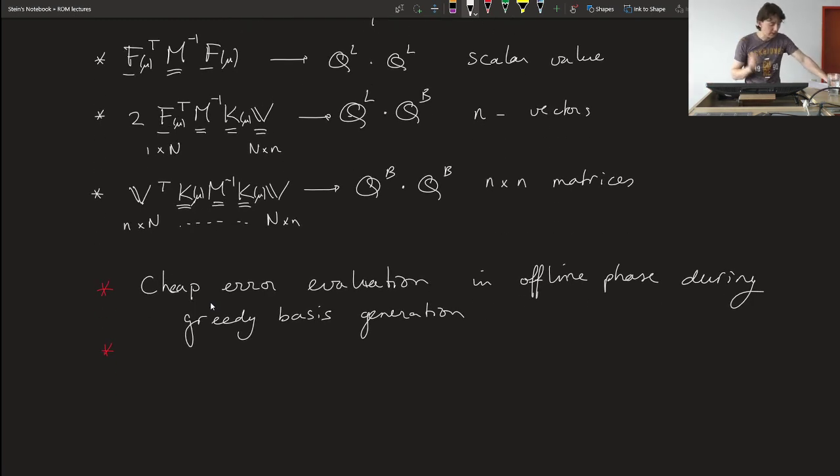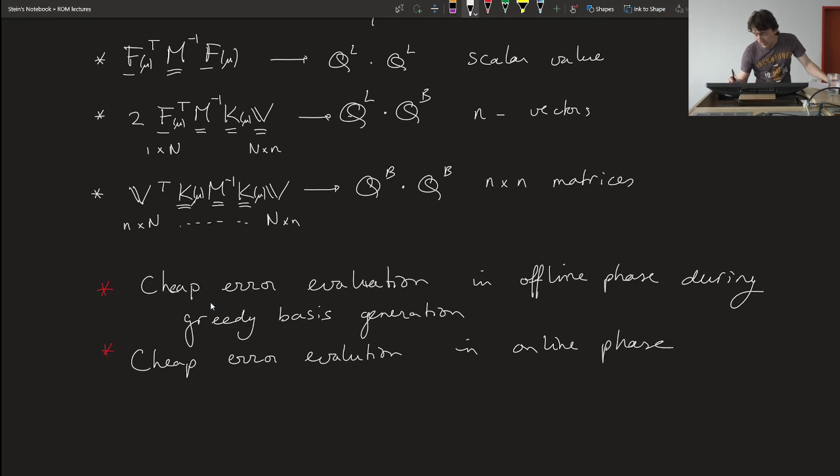So that's one aspect, and the second aspect that's actually very important as well is that we have cheap error evaluation in the online phase. And that's actually something that we haven't really talked about. So far, in a greedy algorithm, we focused on this error estimator exclusively during the offline phase.